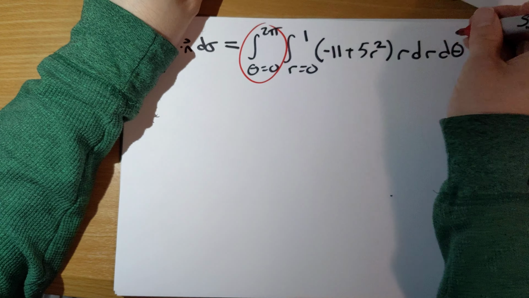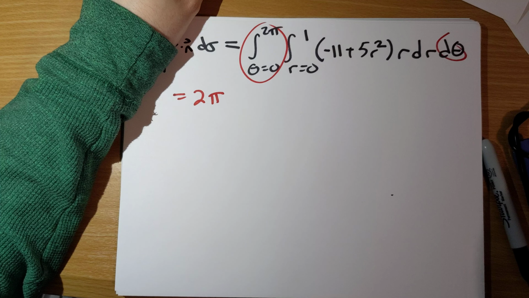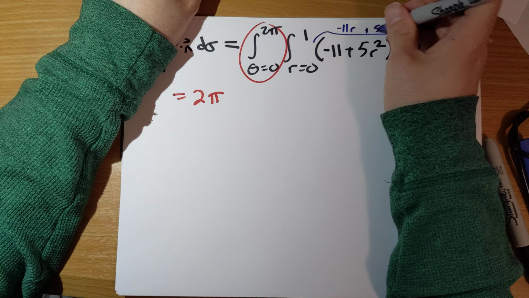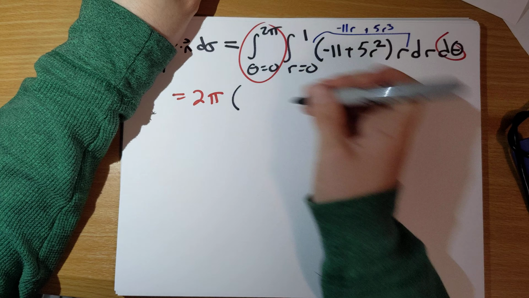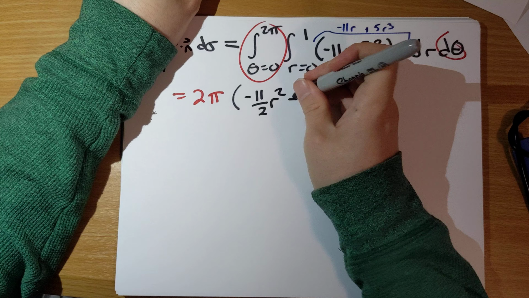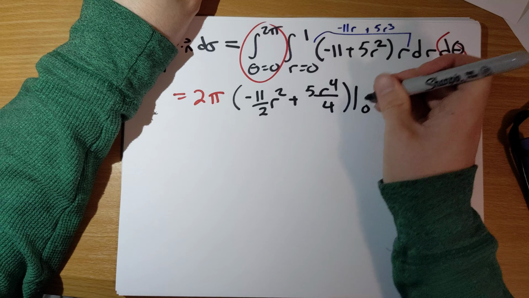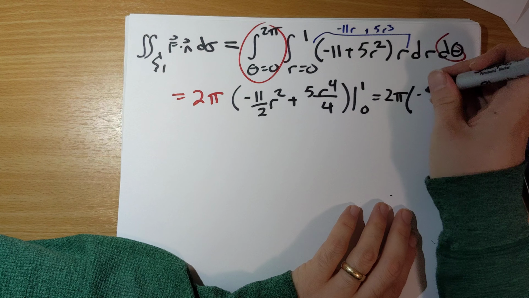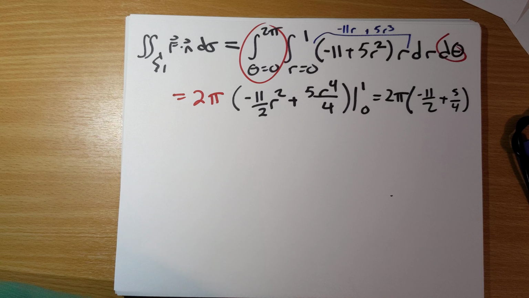The theta stuff gives us a factor of 2 pi. This becomes negative 11r plus 5r cubed. And so integrating that gives us negative 11 over 2 r squared plus 5r to the 4th over 4. Plug in from 0 to 1. And so we end up with negative 11 over 2 plus 5/4 times 2 pi.